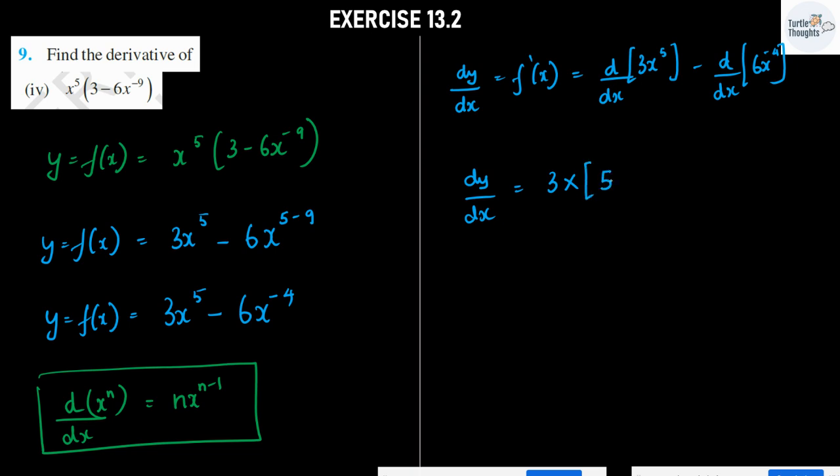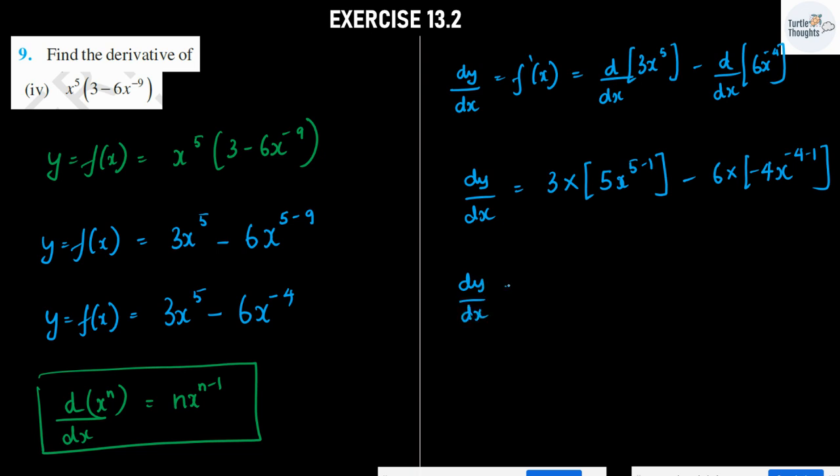Using the power rule, I will be getting 5x raised to the power 5 minus 1, minus 6 is a constant, it can be taken outside, multiplied by minus 4 x raised to the power minus 4 minus 1.